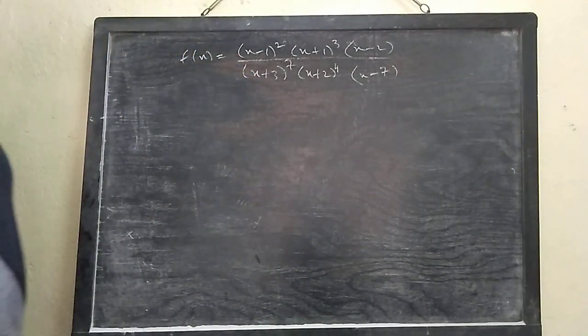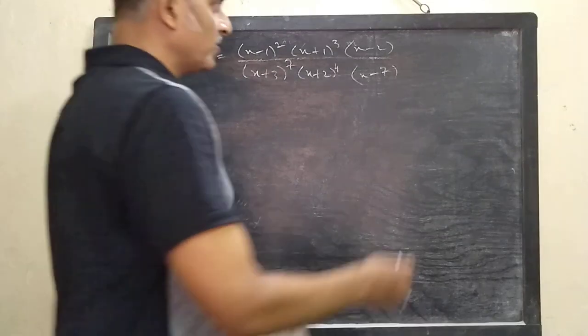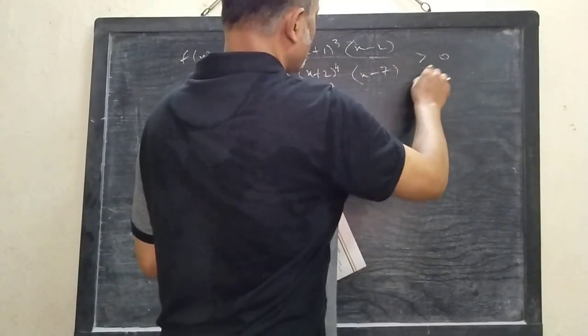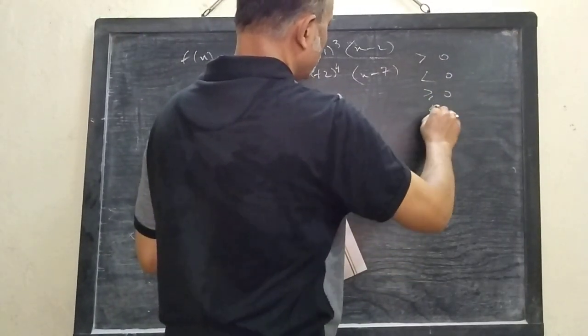Now let us solve all the four inequations: first one greater than 0, second one less than 0, greater than or equal to 0, and less than or equal to 0.